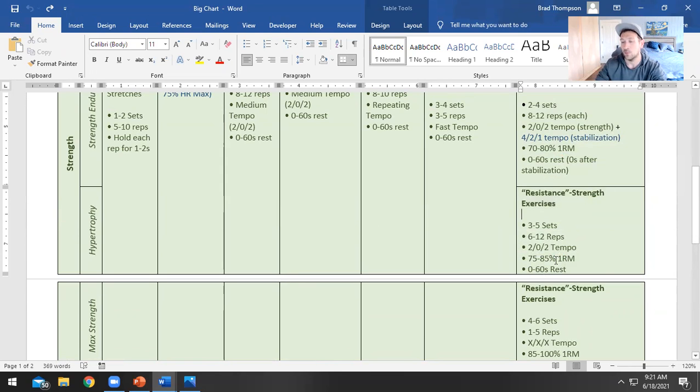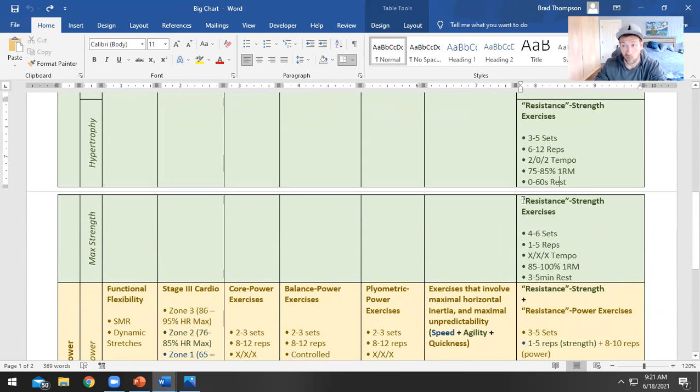But NASM is really big on building as much lactic acid as possible. So taking 0 to 60 seconds of rest is a great way to keep the time under tension and keep that lactic acid in there, which is going to hopefully grow those muscles by creating as much cellular damage as possible.